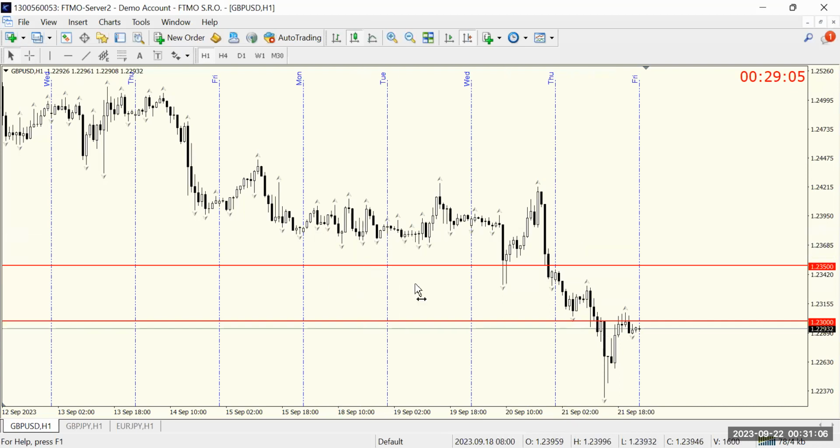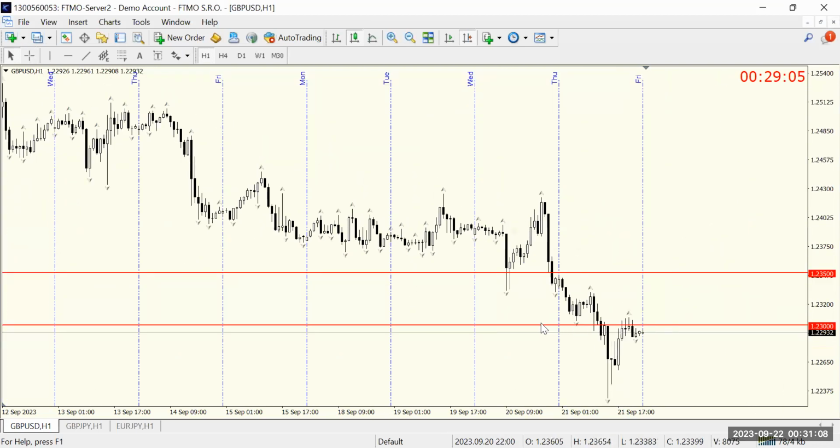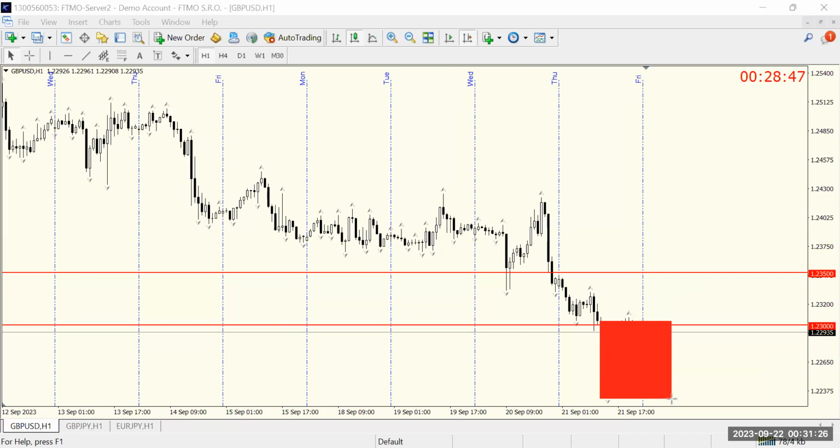So this would be my stop handles for London today. As I said, it's difficult to go any lower than 23.00 because when the London session opened, the chart was like this. This area was not there.